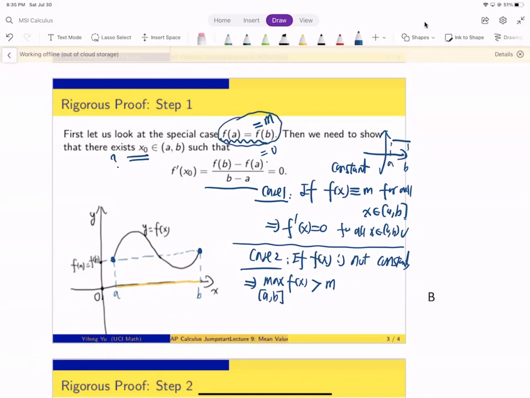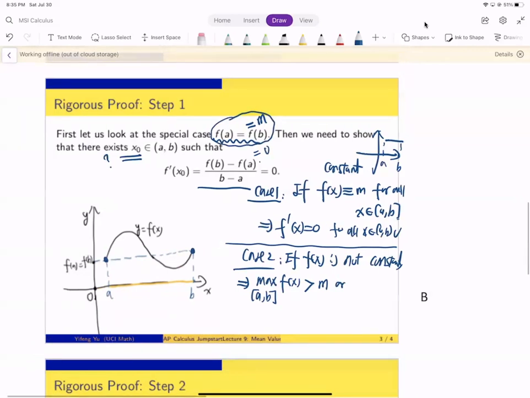Or the minimum value of f(x) is less than m, or both. The point is at least one of the two. Suppose, at least one of the two is correct.